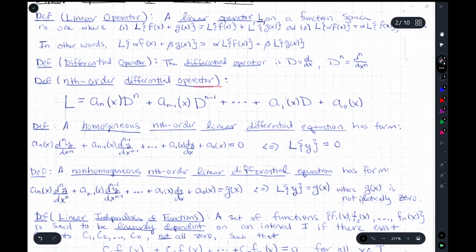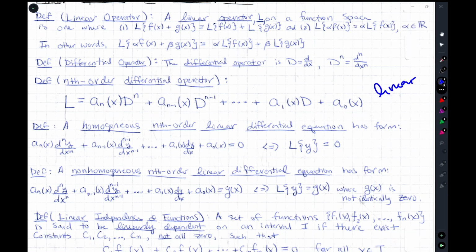The nth order differential operator, the linear one that we'll be considering, is this. This is linear, you can see that. Any operator that acts this way will be linear, because you could take a function y and check the two linearity properties we have above.